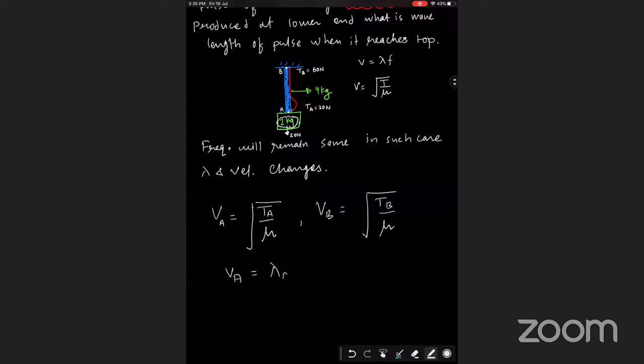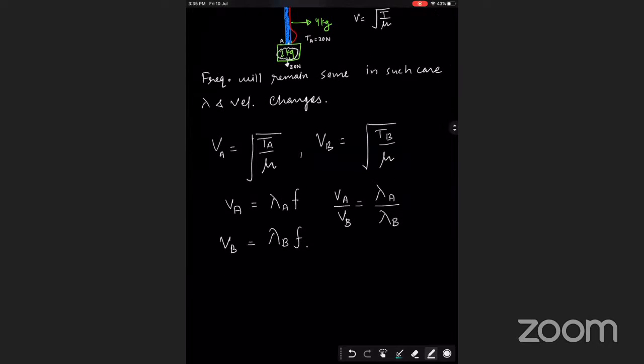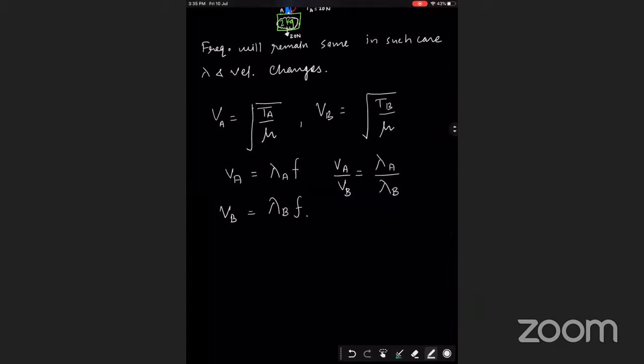VA is equal to lambda A into frequency, and VB is equal to lambda B into frequency. So when we find the ratio VA upon VB, we'll get lambda A upon lambda B, right? So VA upon VB will become the square root of TA upon TB, because mu will get cancelled, equal to lambda A upon lambda B.